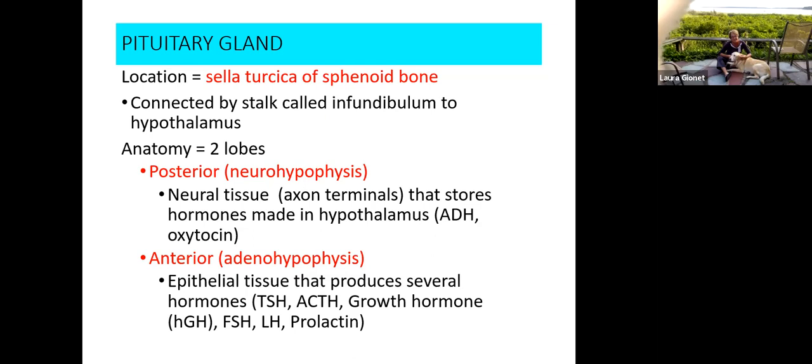And then the hormones that are actually produced in the hypothalamus and stored in the posterior pituitary become released. That's why we store and release hormones in the posterior pituitary, because it's really nerve tissue, right? And that's the way the hypothalamus communicates to the posterior pituitary, by electrical impulses that you're familiar with.